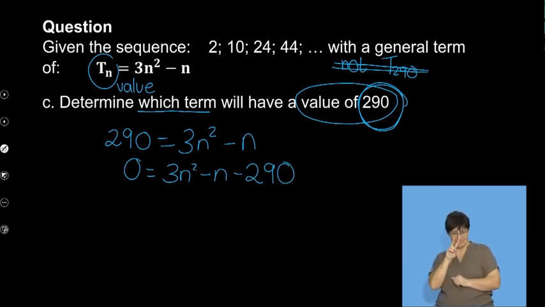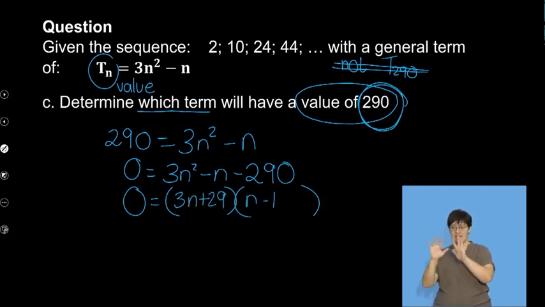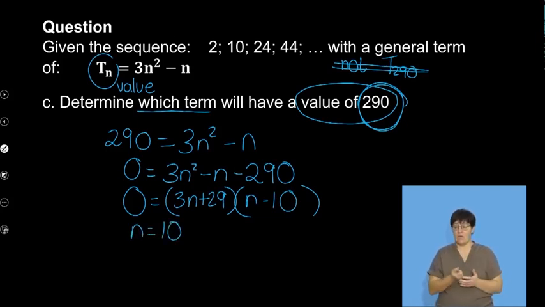And I hope that everyone can see that I've now got a quadratic equation. And if I factorize it, I'm going to have (3n plus 29)(n minus 10). So n will be equal to 10, or n will be equal to negative 29 over 3.